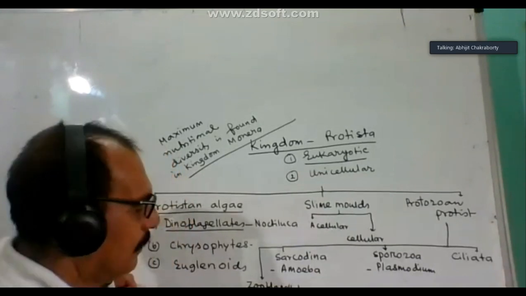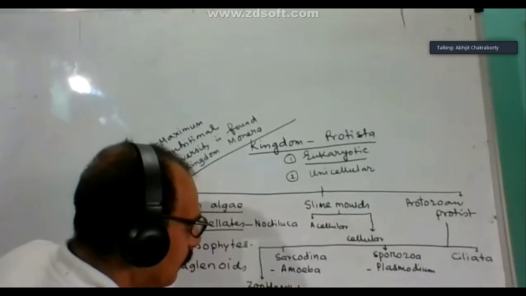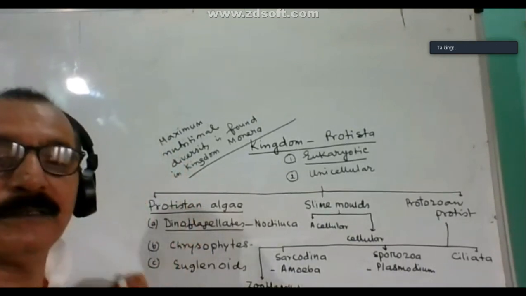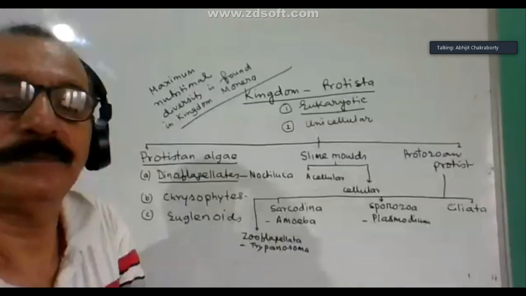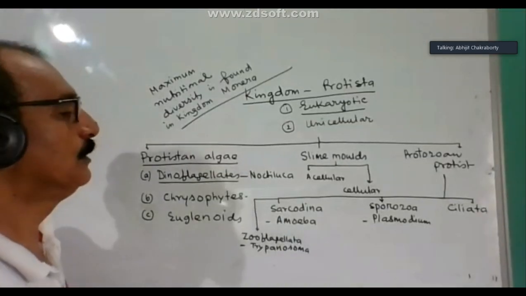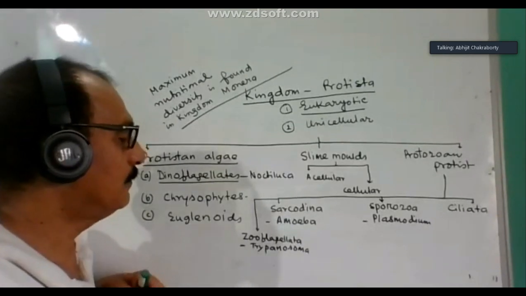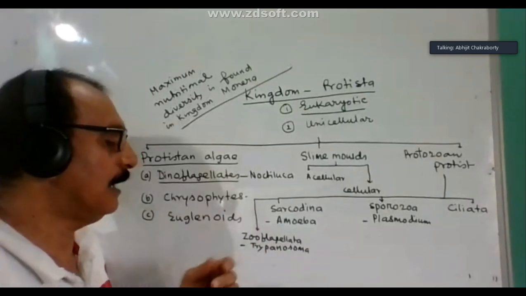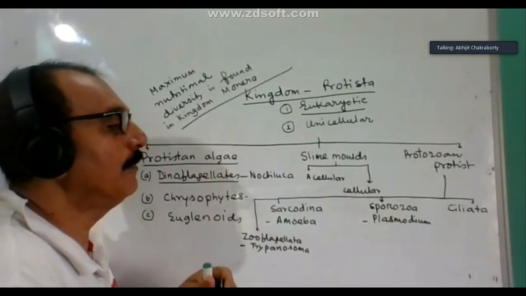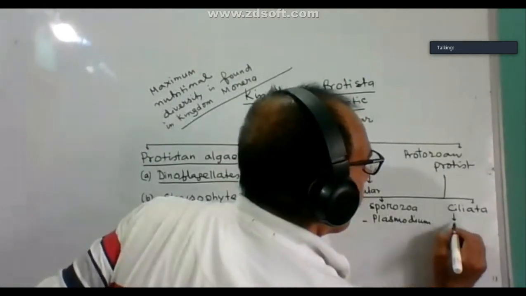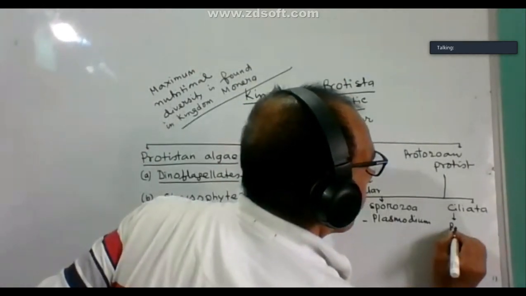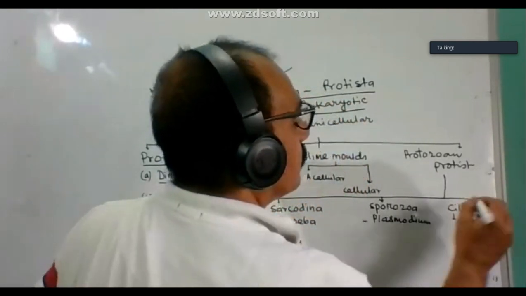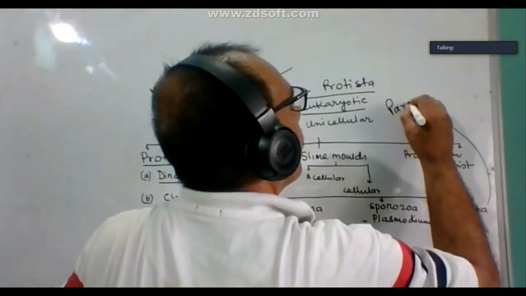Under these flagellata, under this you will get suppose Trypanosoma. So you see, Sarcodina, amoeba, flagellata, Trypanosoma, Sporozoa, Plasmodium, ciliata, Paramecium.